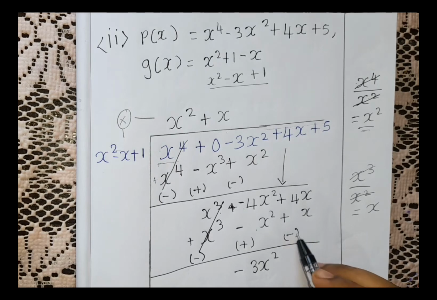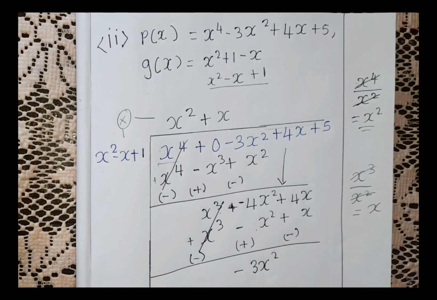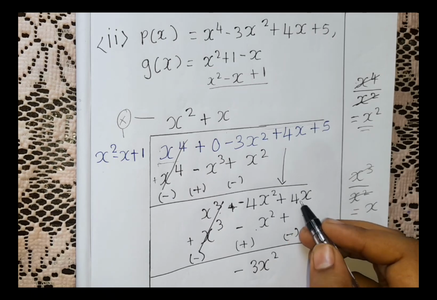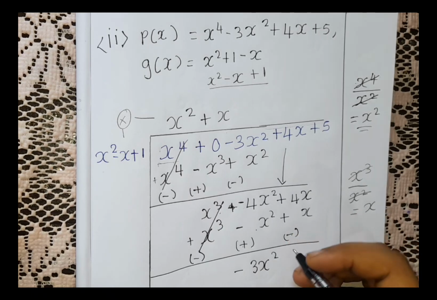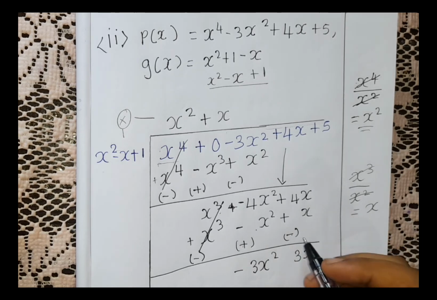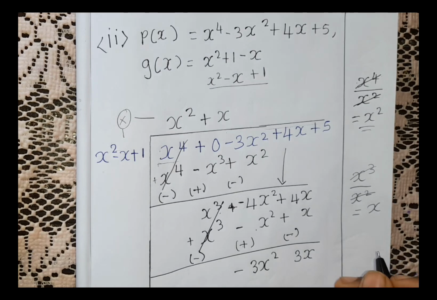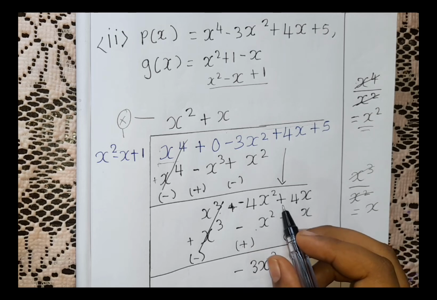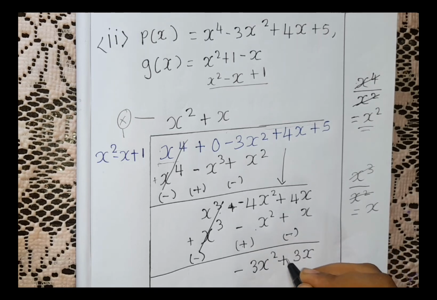So plus and minus is minus, so here also we are going to be subtracting this. That means 4 minus 1 is 3, and then we are going to be taking x as it is, and here we should take the greatest number sign. So the greatest number is 4, and the 4 has a sign, that is plus, so I am writing the plus as it is.